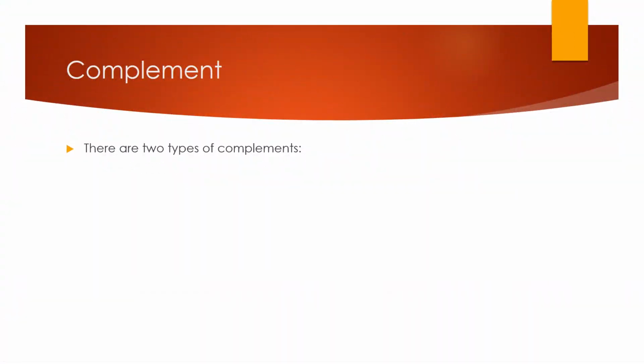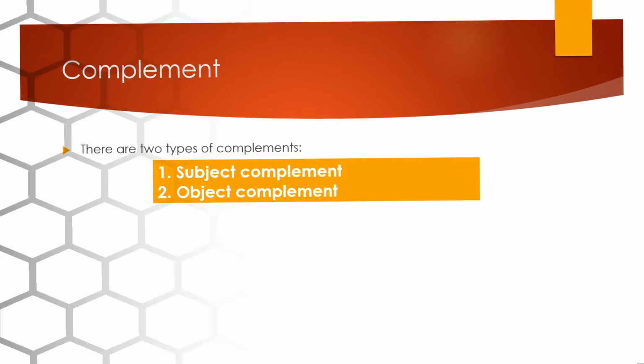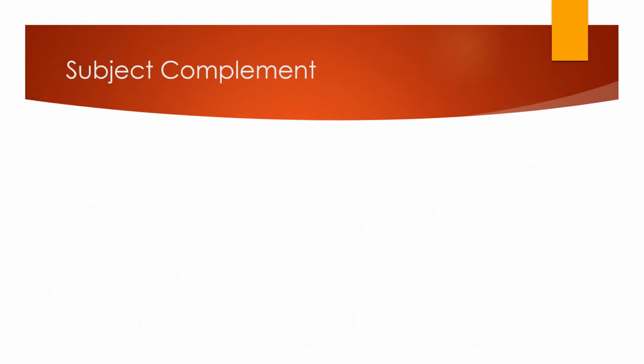A complement. There are two types of complements: subject complement and object complement. The subject complement. This one completes the action of the verb. It results from a linking verb.